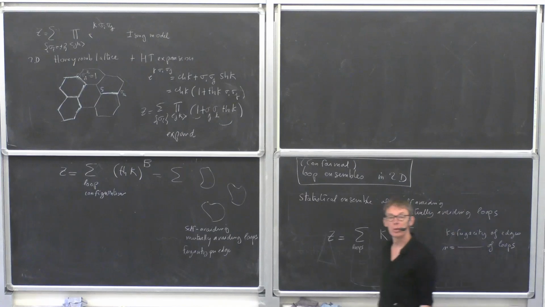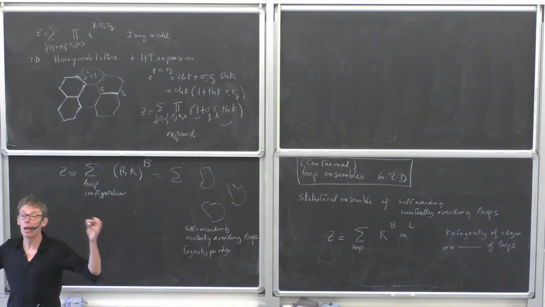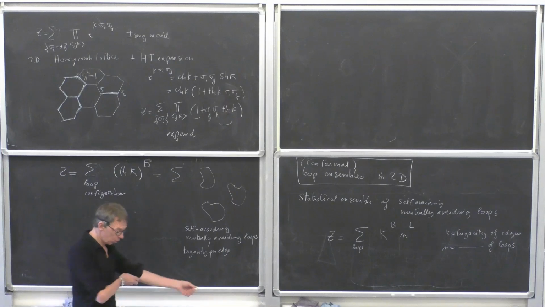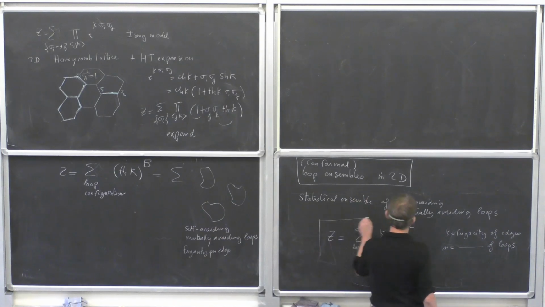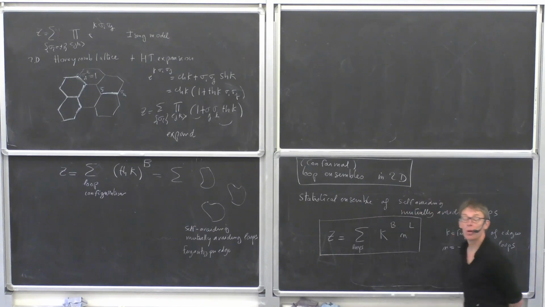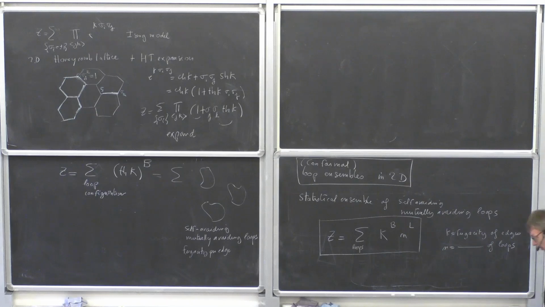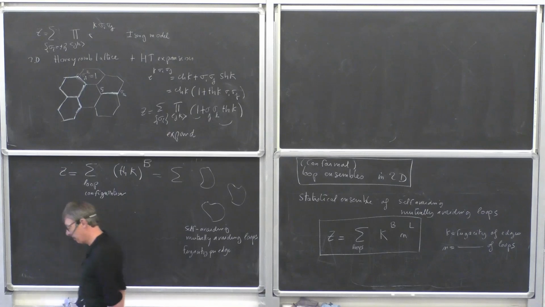Okay? So the topic, which has become a very large topic, as you probably know, first in physics, because many interesting problems can be reformulated as random loop ensembles. There exists a beautiful reformulation of quantum field theory due to Symanzik, Fröhlich, Spencer, and others that is essentially based on loop ensembles.